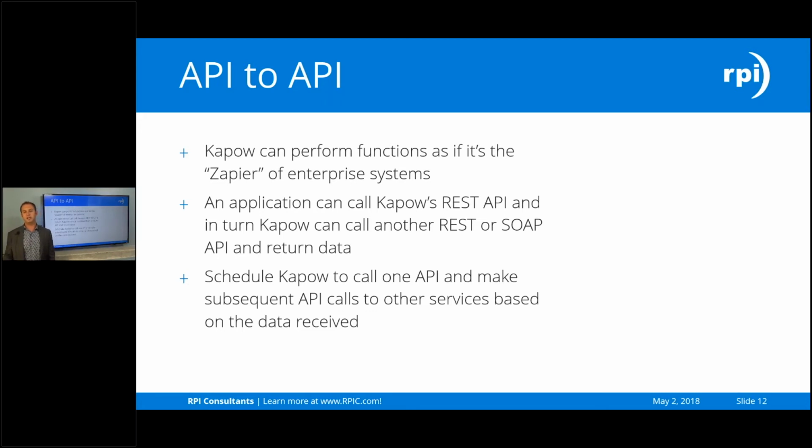The HRIS system could then take that name and social security number and go out to the IRS and check the social and the name against the IRS database, whether that's done through an API or via the IRS website.